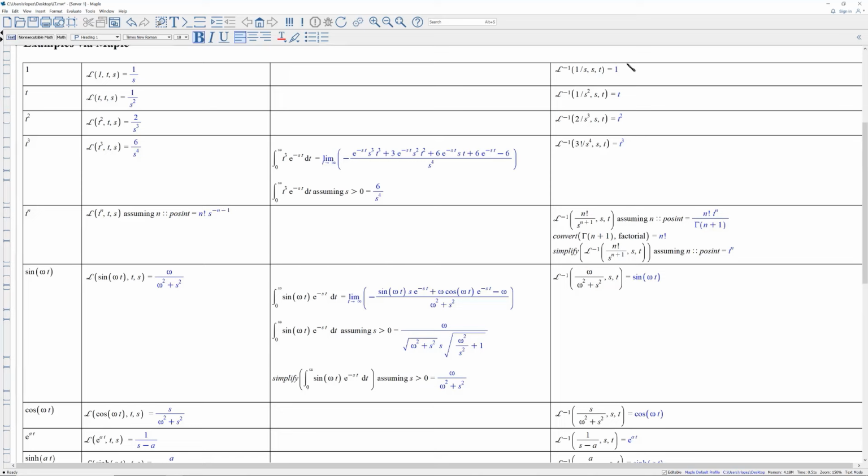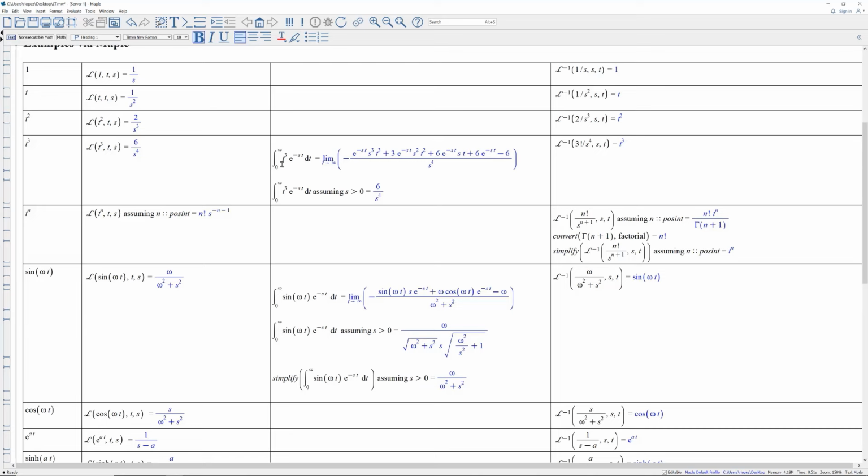Now, at the same time, you want to look at inverses. So if you are inverting, going backwards from 1 over s, you would use the syntax. And here I'm reminding you that this is an atomic variable constructed as we showed at the beginning. 1 over s becomes 1, 1 over s squared becomes t, 2 over s cubed becomes t squared, and so forth.